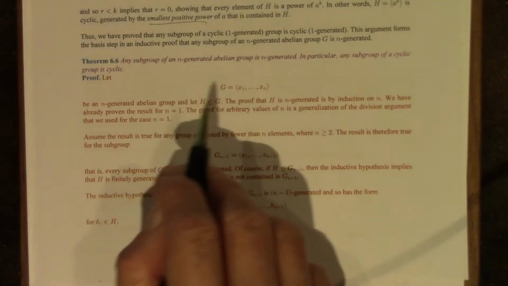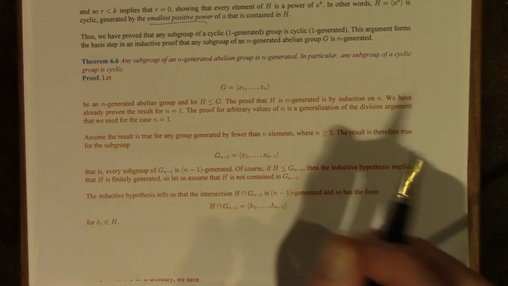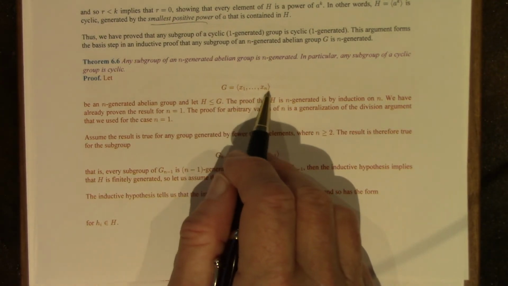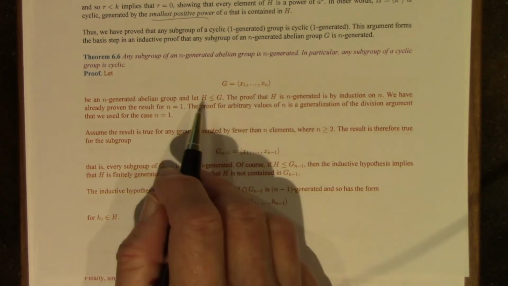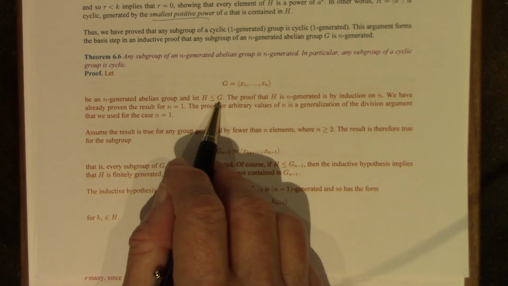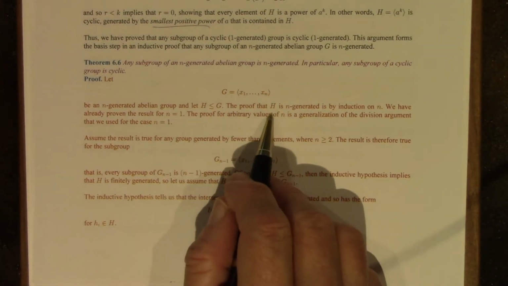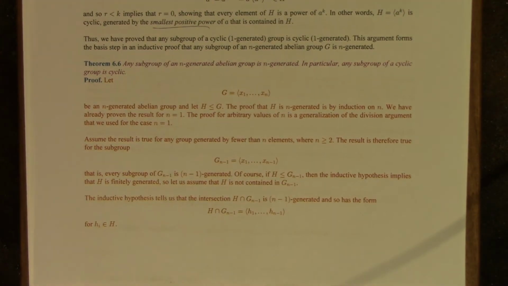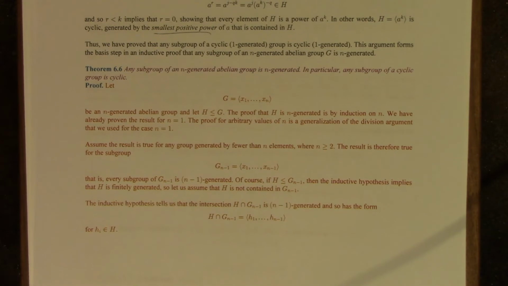So, suppose that G is finitely generated by x1 through xn. In fact, n generated. And suppose that H is a subgroup of G. We will prove that H is n generated by induction on n. And we've already taken care of the case n equals 1.